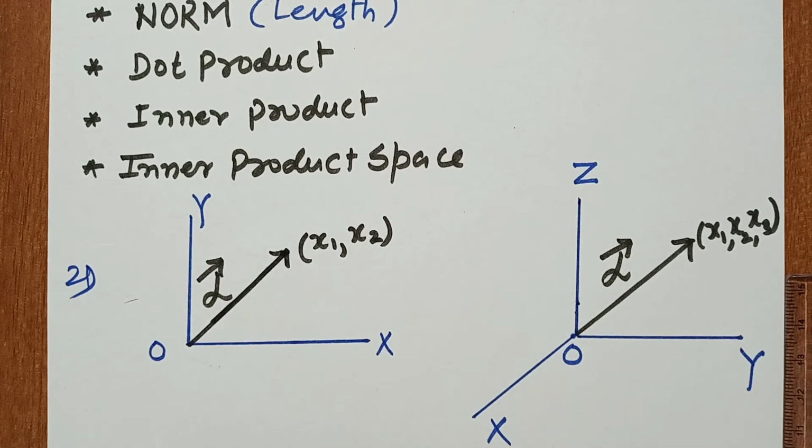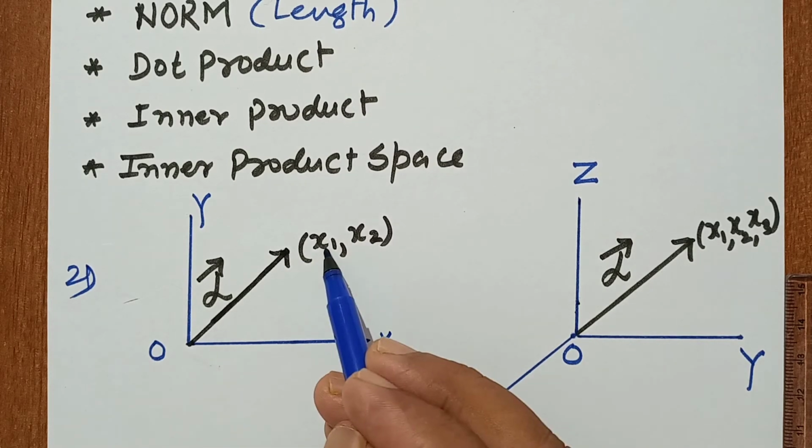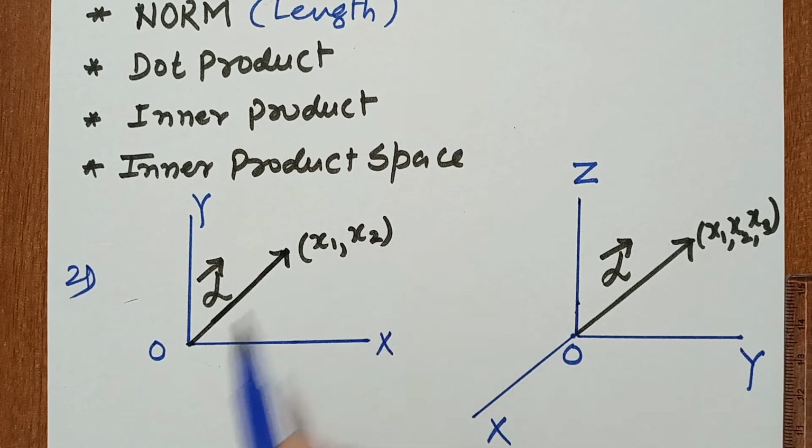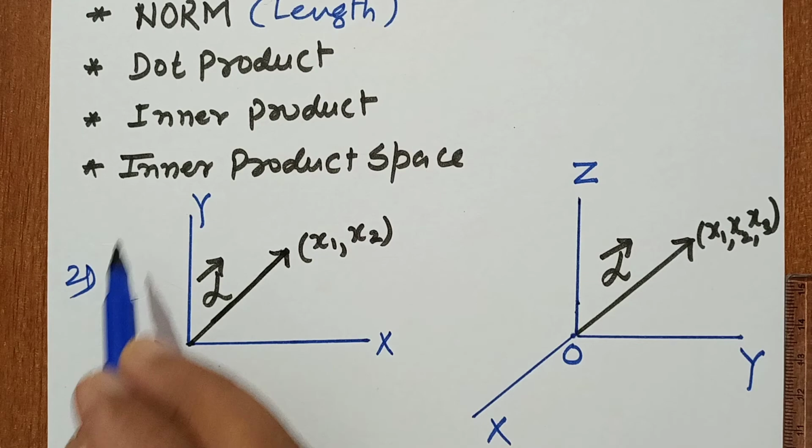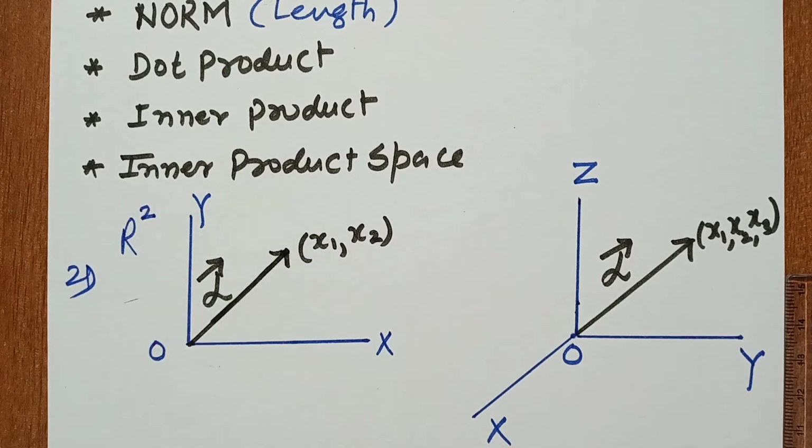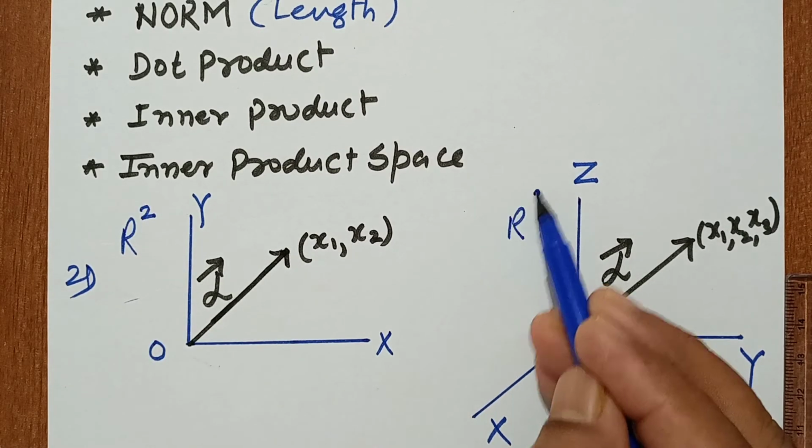What is the length of this vector? The length of this vector is the square root of x1 square plus x2 square. So in R2, and similarly in R3.